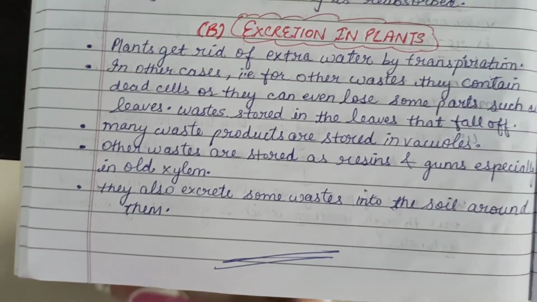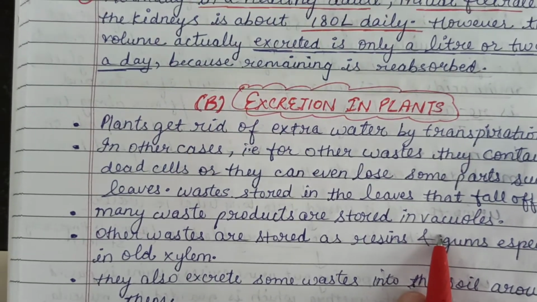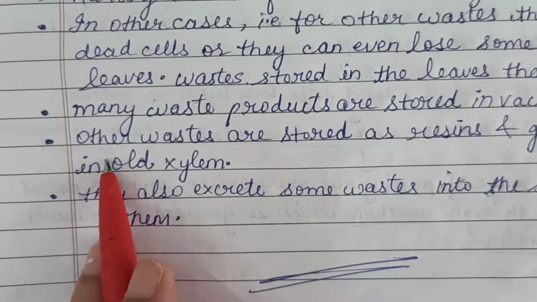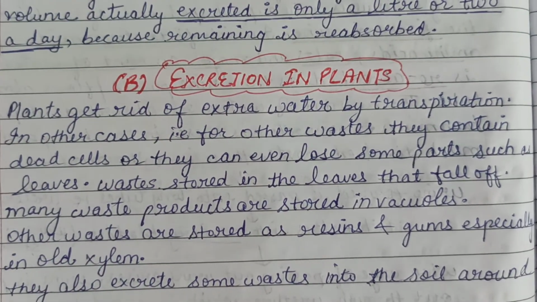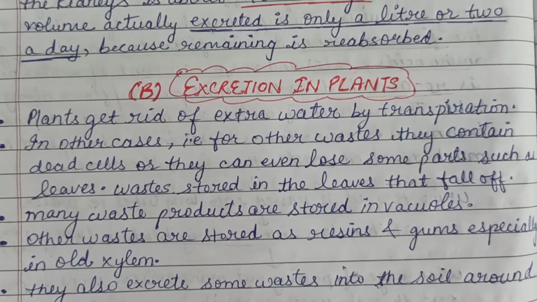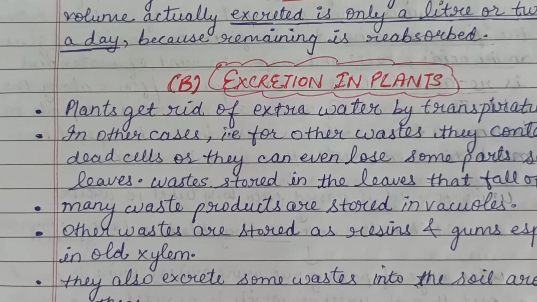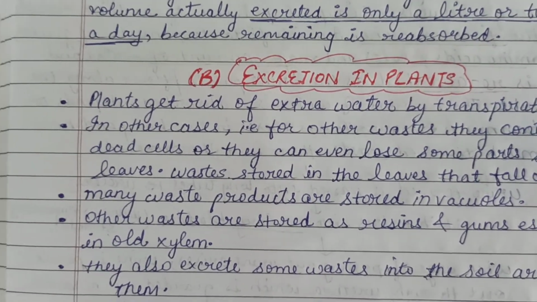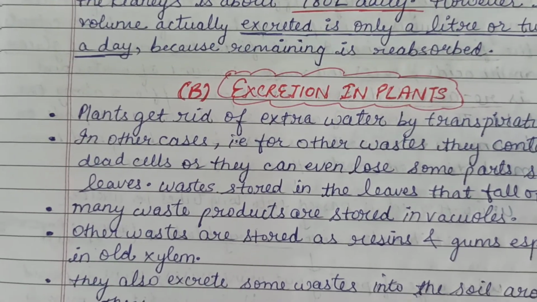Many waste products are stored in vacuoles, and then vacuoles help in the elimination. Other waste products are stored as resins and gums, especially in old xylem. You must have seen the release of gums and resins from the plant, and that is also a part of its excretion.